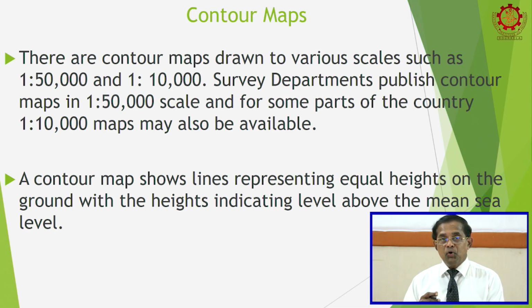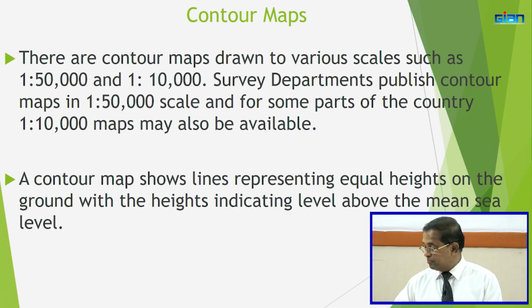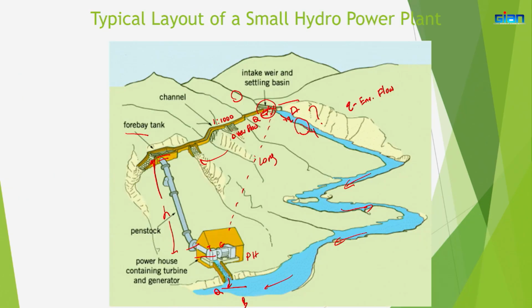And contour maps can be used to identify the better location for the water diversion, that is, using the contour map you can see where you should start this diversion. Contour maps will also help in deciding where your penstock should be placed, and where the power plant should be.